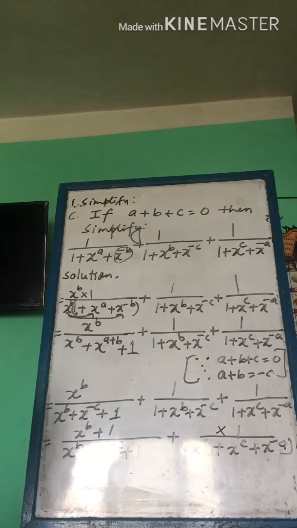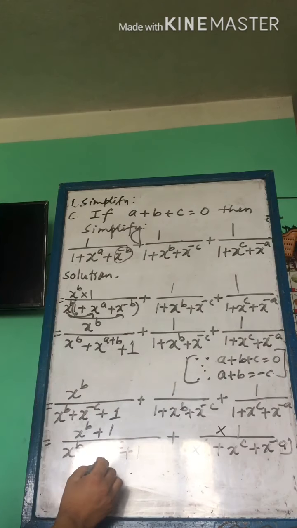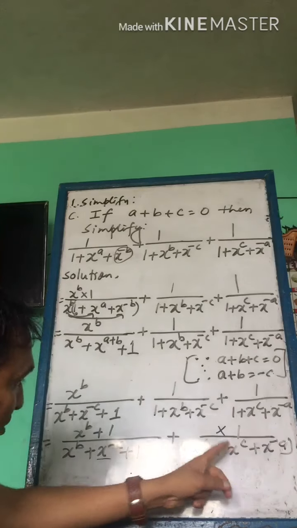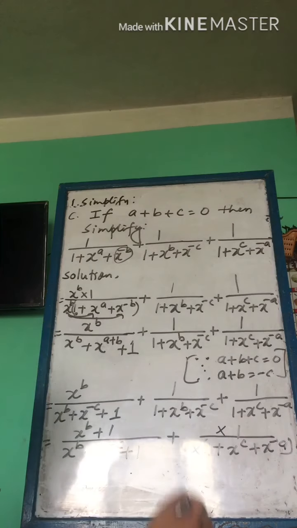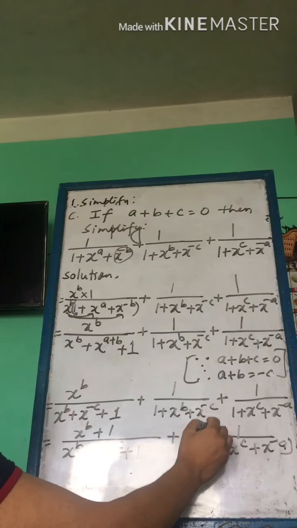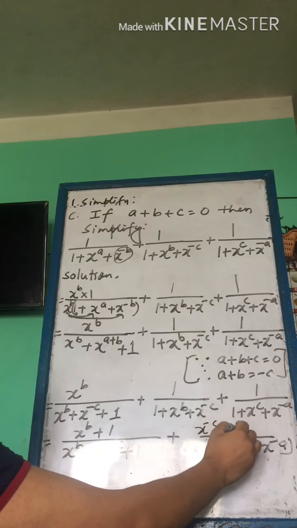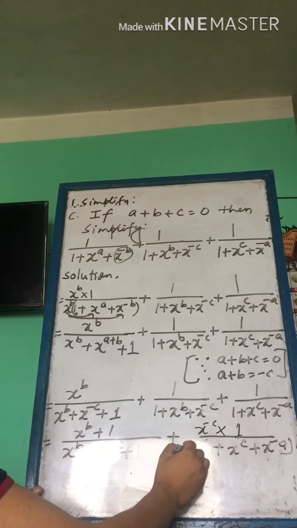So for that, now look at here. What is there in negative part over here in this fraction? There is x to the power minus c. So with that only multiply the numerator and denominator so that their denominators will come same. Now let us write x to the power minus c. 1 is there already. x to the power minus c.